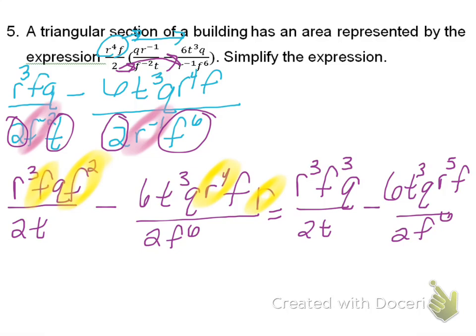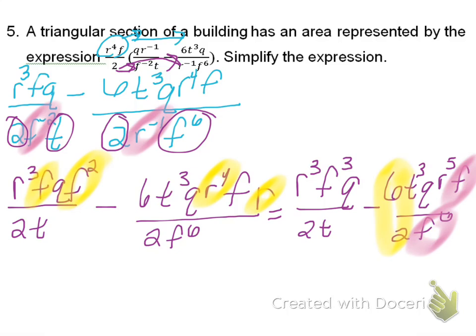Okay, now I can go back to my new equations here and see if there's anything to cancel from the top to the bottom of the fraction. So in the first one, there's nothing to cancel with the 2 on the top, and there's also nothing to cancel with the t. There aren't any other t's in the numerator. In the second term, the 2 and the 6 can be combined and simplified, and also the f's.